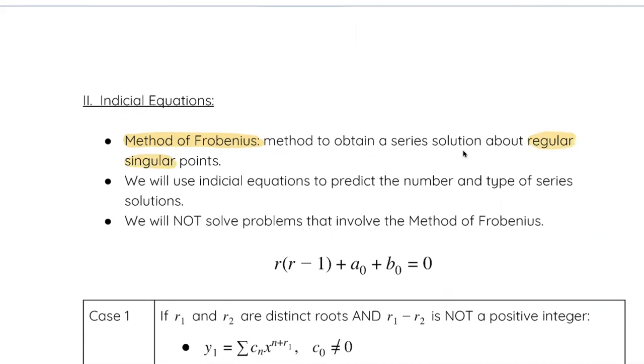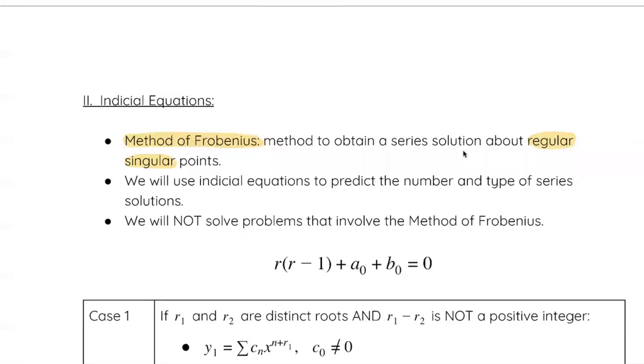Okay, so if you're asking yourself, why do I need to classify? Classifying is fine, I can divide, I can factor, that's great. But why is it important? It's important because it would be the first step in saying, okay, I found this regular singular point.